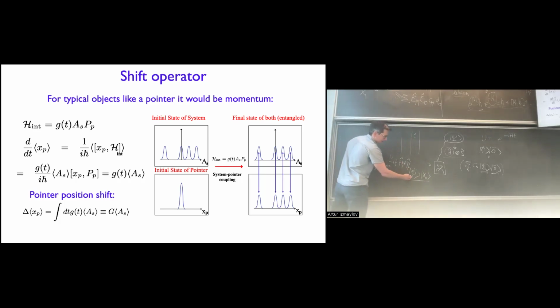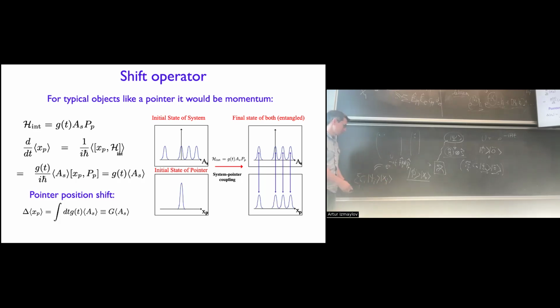This is a product state. But if we apply this operation, we're going to get an entangled superposition where we have all these states of the system, but now, because of this shift, they will be coupled with the different positions of the pointer state. Okay, some coefficients C. That's what we're going to get.